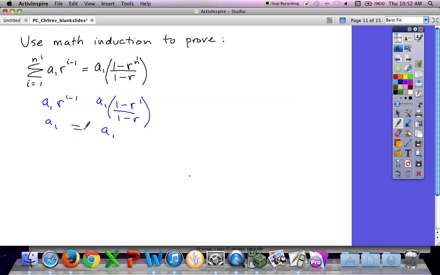Then we want to show that if we assume that the formula works for the first k terms, that if I add the next term, the k plus 1 term, it will also work for adding up k plus 1 terms. So how do I find, this is my an here, this is my Sn here.